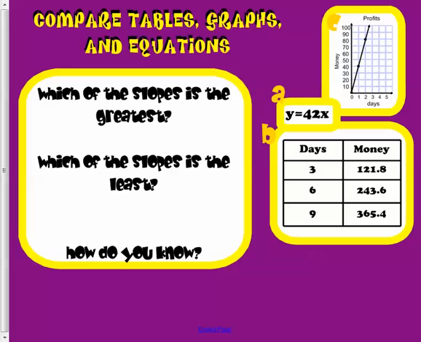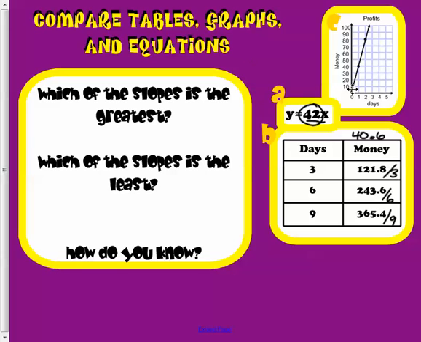We're trying to figure out which of these are the greatest slopes. Okay, so we've got a graph, we've got an equation, and we've got a table. And then they want us to figure out the least. Well, if we look here, 42 is my slope in A. Here, we'd have to divide each one of these respectively, and when we do so, we get 40.6.